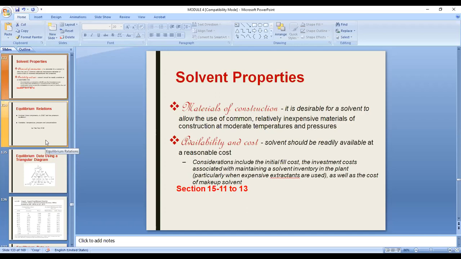Now, number one on the list actually, second to safety, not number one, is availability and cost. So your solvent must be inexpensive, not that expensive and easily acquired. Or solvent should be readily available at reasonable cost. Okay? Again, all of this can be read in that section in your handbook.